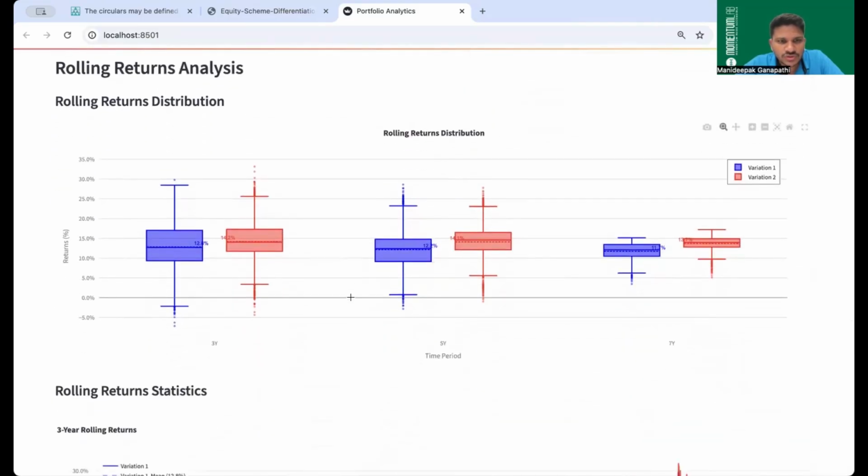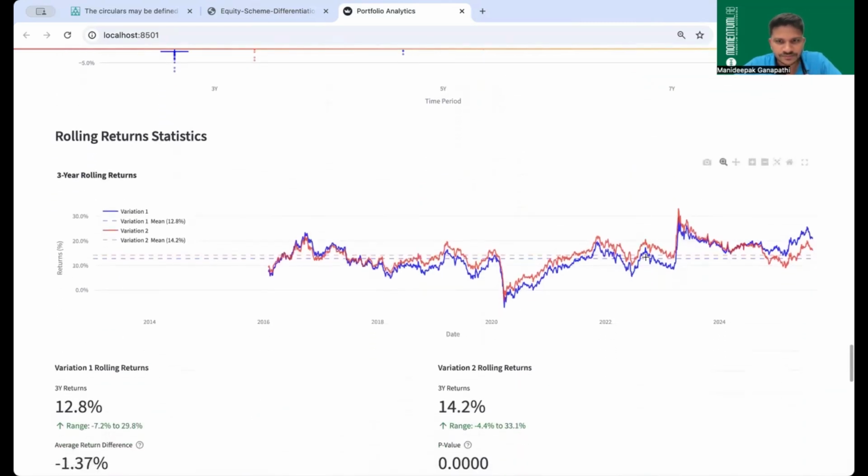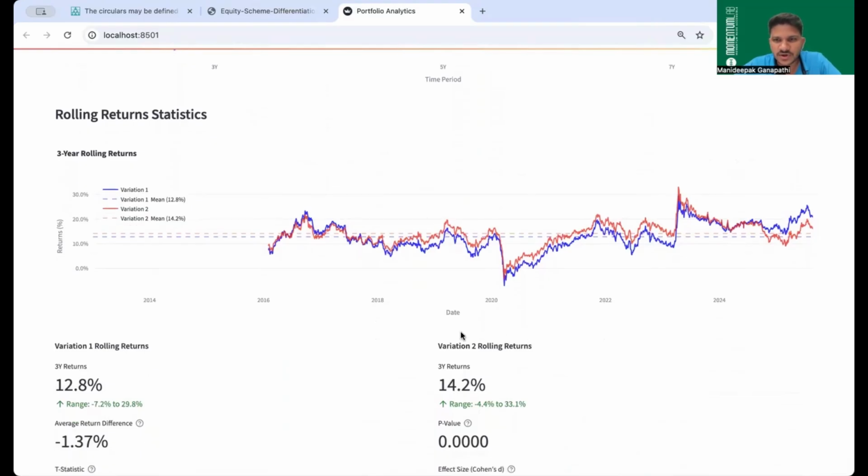Let me show you the 3-year rolling return box plots. You can see this box plot is slightly above the blue box plot, which is the fund performance, right? And this is happening across time periods, 3-year, 5-year, and 7-year rolling returns. If you put this on a timeline, the fund was below the benchmark for quite some time.